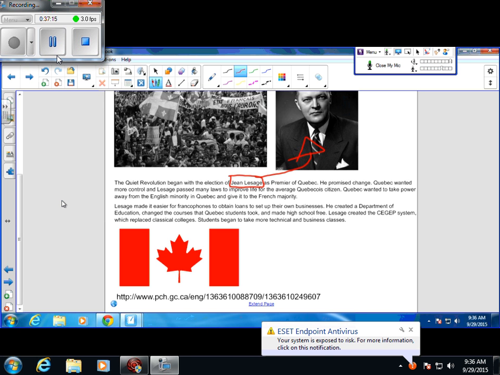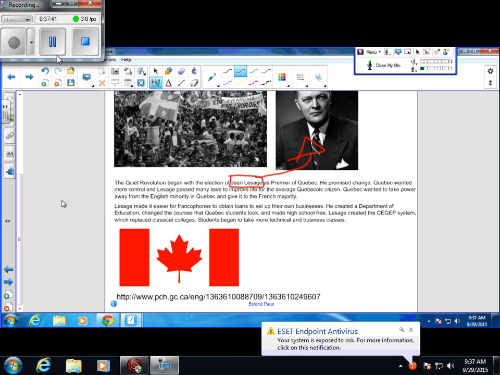Some of the changes he promoted: he established the Ministry of Education, reorganized the school systems, and achieved economic initiatives for francophones. He revised the labor code, public sector rights to vote, federal tax back to Quebec, and the Quebec pension.